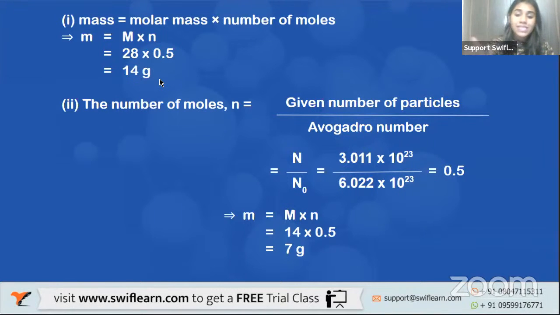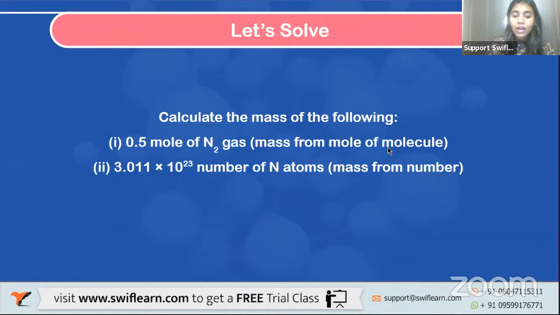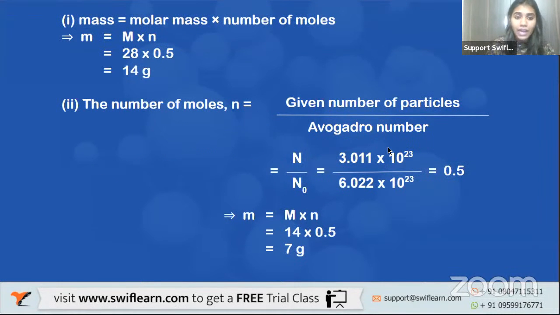Now coming to the second part of the question, that is in 3.011 into 10 raised to 23 nitrogen atoms, what is the mass? How will you calculate this? The number of moles is equal to the given number of particles divided by Avogadro's number. You can write down the formula. It is quite important to solve any kind of similar problems.